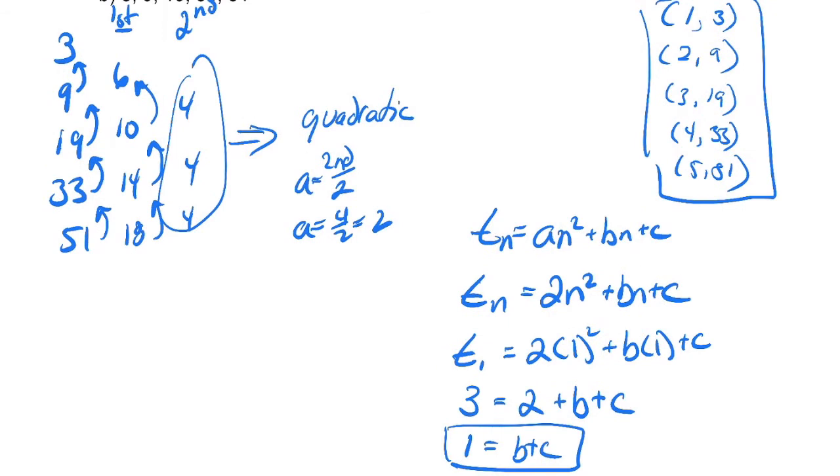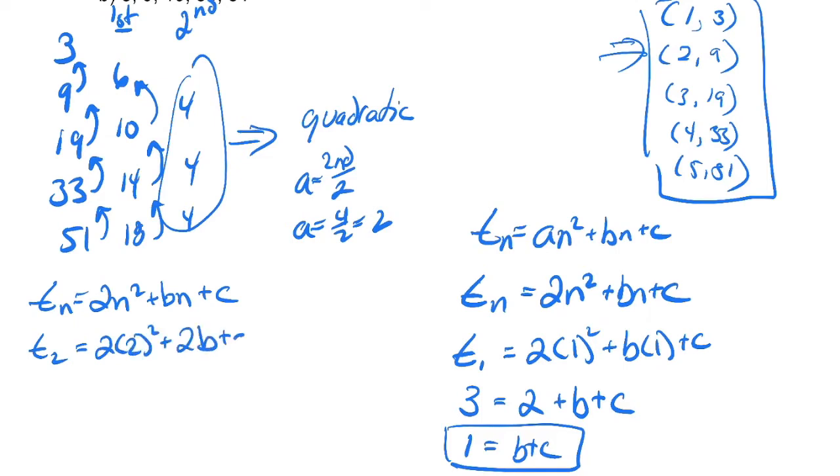In order to solve an equation with 2 variables, we need 2 equations. So we'll use the second term in our sequence. T of n was 2n squared plus bn plus c. So t of 2 is 2 times 2 squared plus 2b plus c.